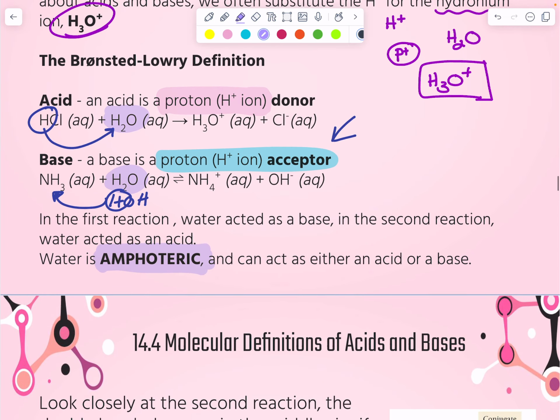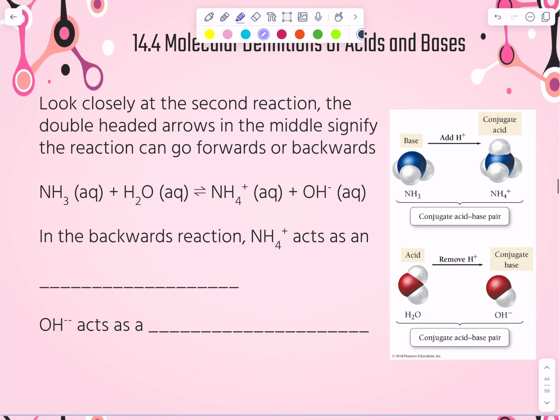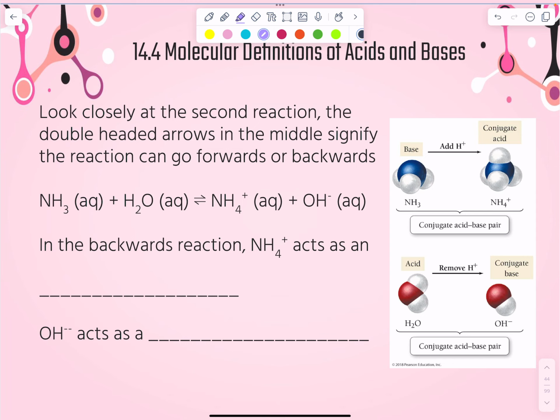And the next slide here has us looking specifically at the second reaction that's going on, that ammonia reaction. Because what is a little different about this is look at the arrow in that.